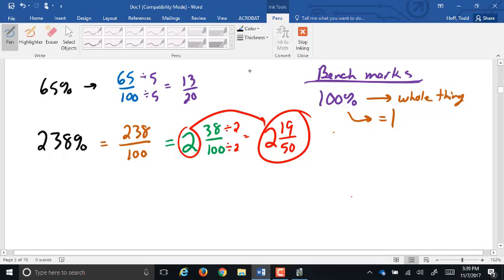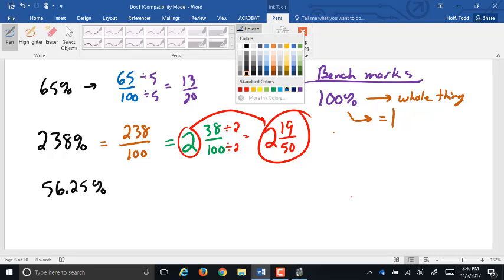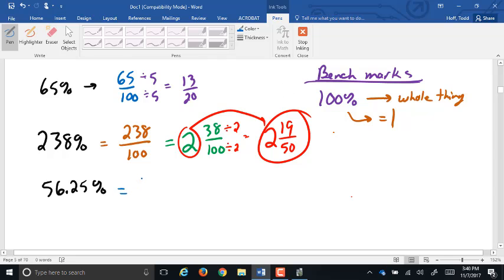I can also run into things like this, 56.25%. When I go to change that into a fraction, that's 56.25 over 100.